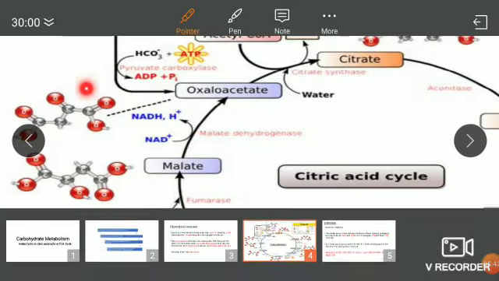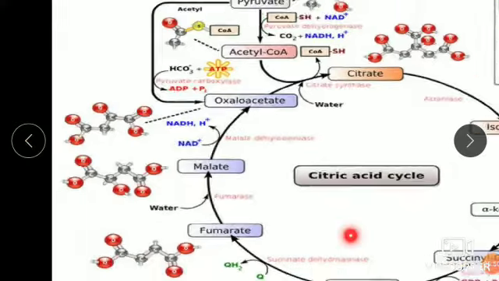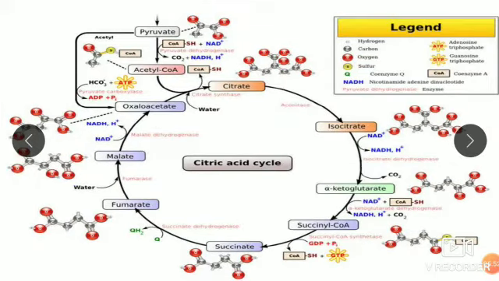This leads to the formation of a double bond between this carbon and oxygen atom. This is called oxaloacetic acid. So we can see that what was the reactant at the first step of the citric acid cycle gets released at the end of it, and thus this cycle goes on again and again.